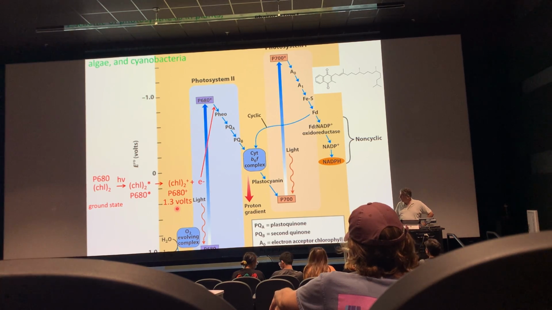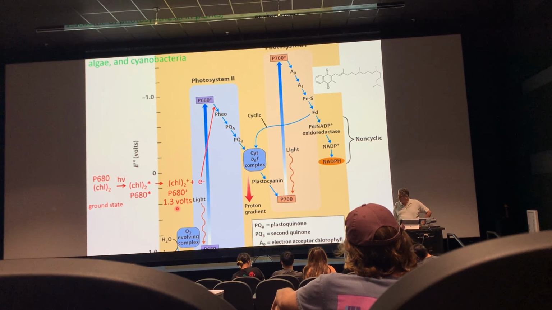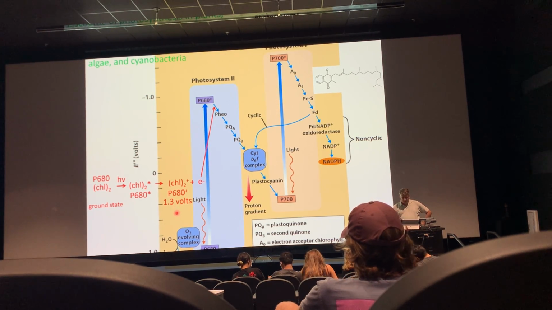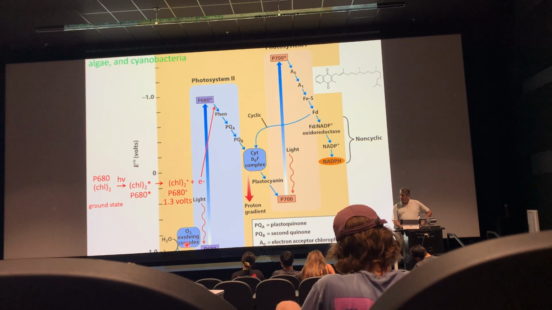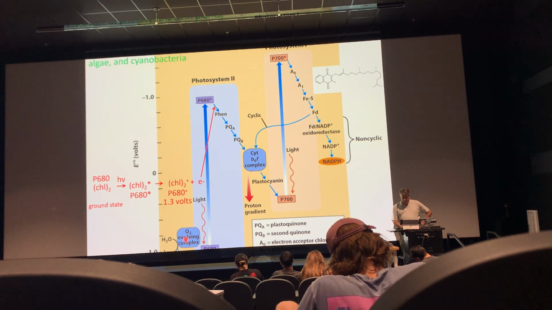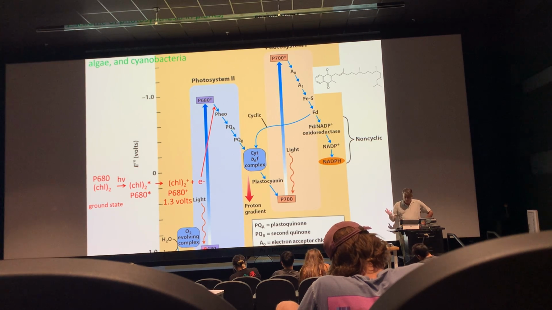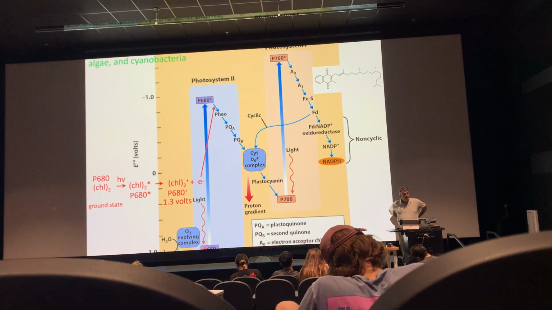You're not messing around with P680 plus. It is so thirsty. It's like a black hole for electrons. And it's going to be sucking electrons from something called the OEC, Oxygen Evolving Complex. And this thing is stripping electrons from water, of which there's plenty, to give oxygen and then give back the electron that got popped up to P680 star.